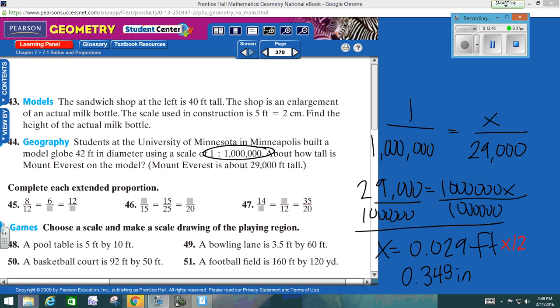These ones down here, you can do one of two things. You can put an x and a y in there and just solve it as an extended proportion. Or, since you're trying to make them all equivalent, reduce this thing. What's 8 over 12 reduced to? 2/3? Well, what has to be below 6 so that it's the same as 2/3? 9, because I had to take 2 times 3 to get here, so 3 times 3.